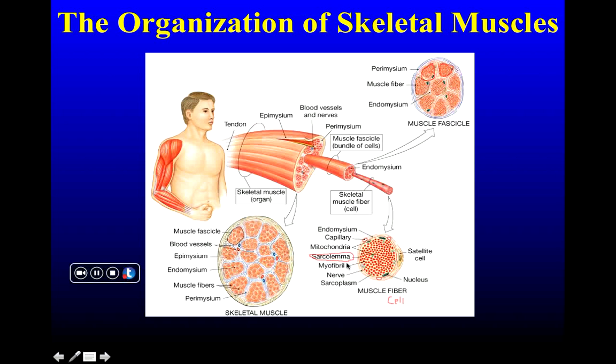The sarcolemma is not connective tissue. It's a phospholipid bilayer. This is the cell membrane of the muscle cell. So a muscle cell has a cell membrane called the sarcolemma, and it has connective tissue surrounding it called endomysium.